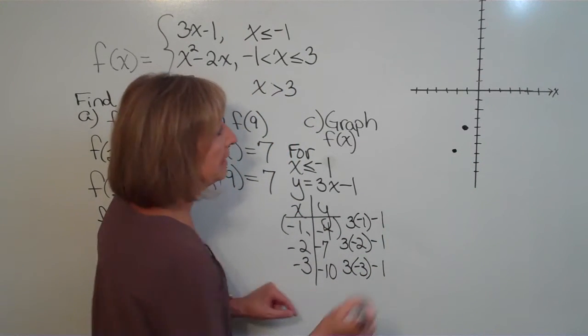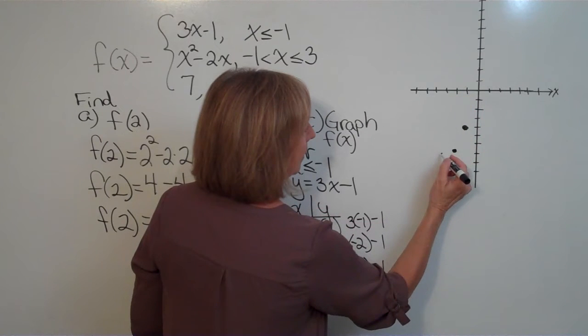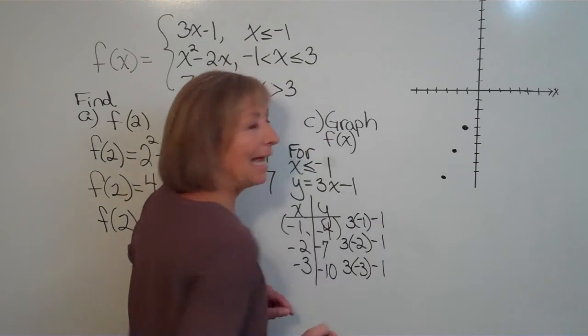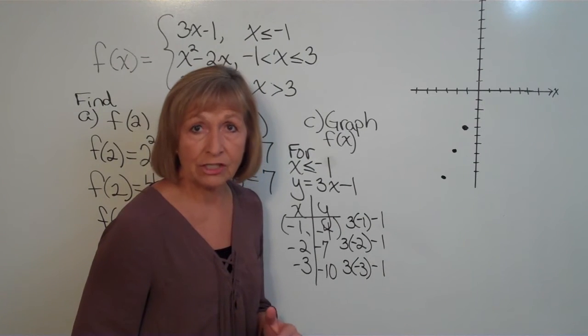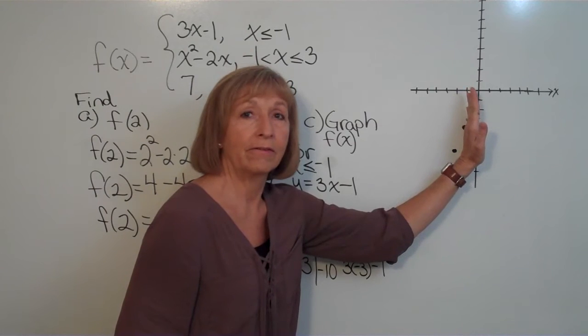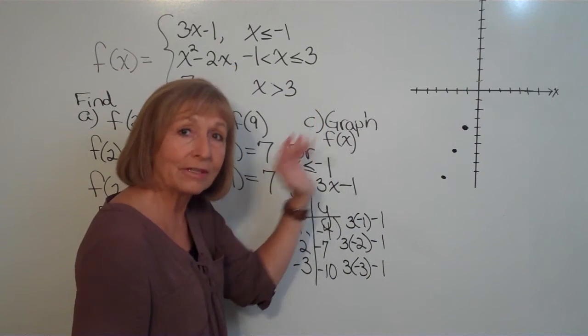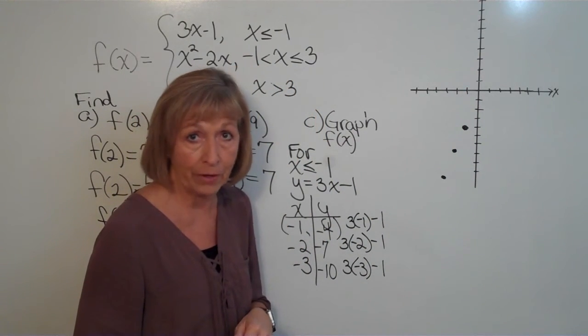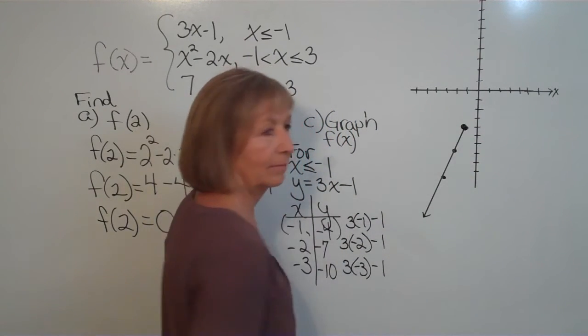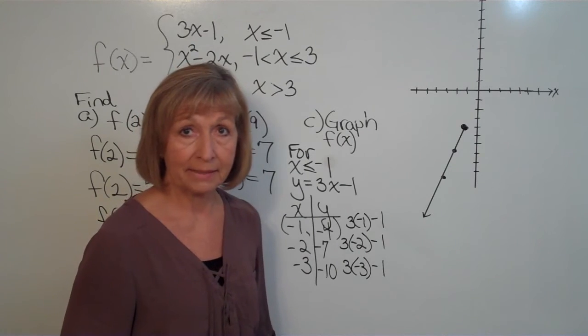And then left 3, down 10. Now when I use my straight edge and connect it, I can only connect it to the left of x equal -1. So that's the first piece.